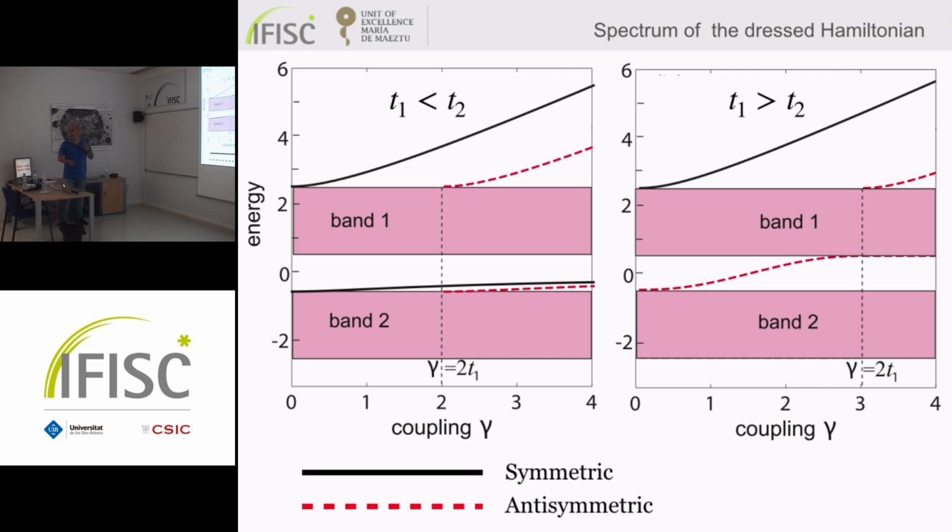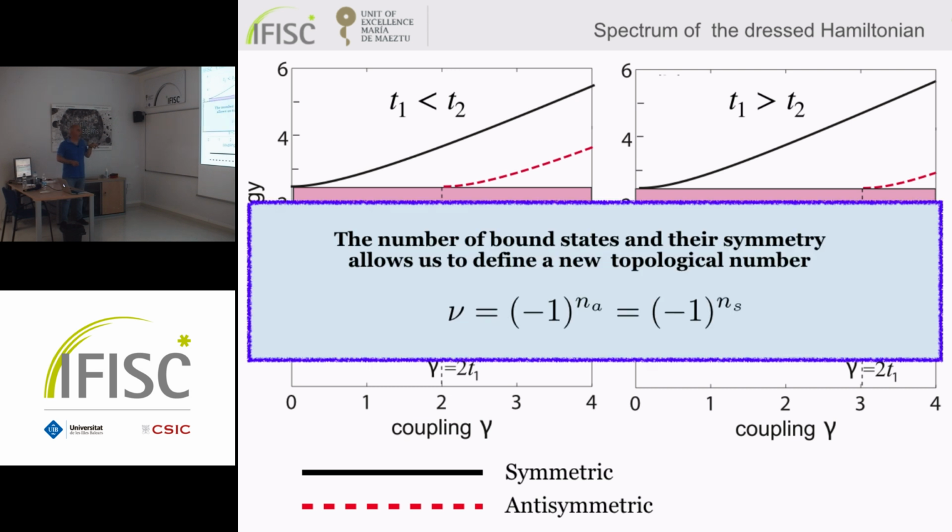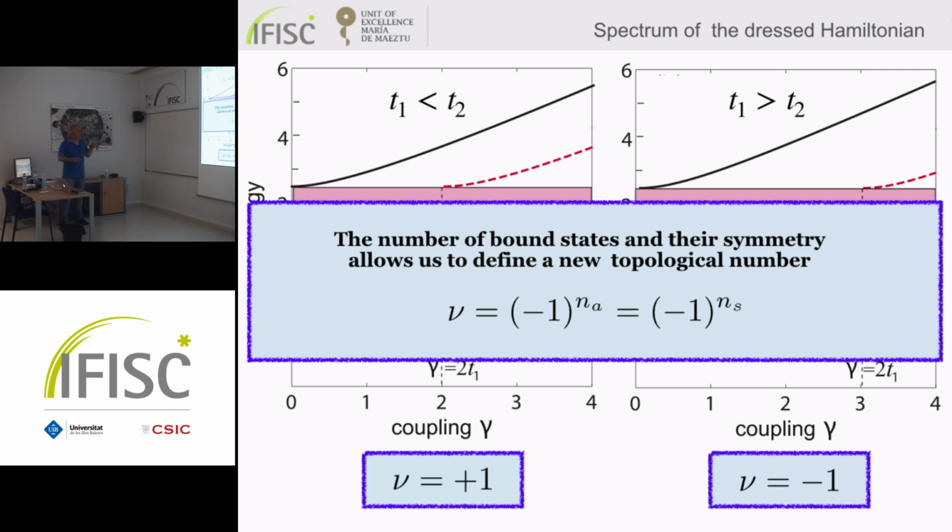So this is just a topological number for this dressed model, because you can define a topological number nu as -1 to the number of antisymmetric states or the number of symmetric states, which is equal. And you find that here you have +1 and here you have -1. So this is a new way of characterizing the phase of this dressed Hamiltonian.